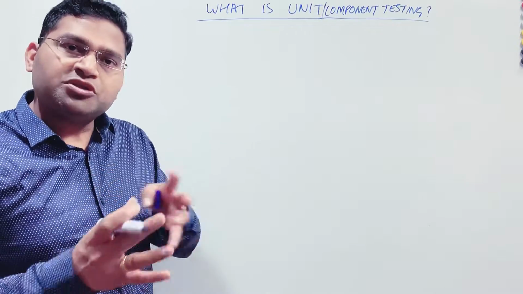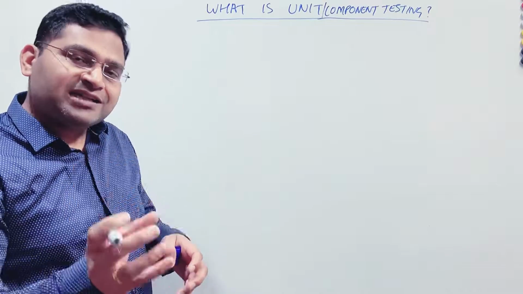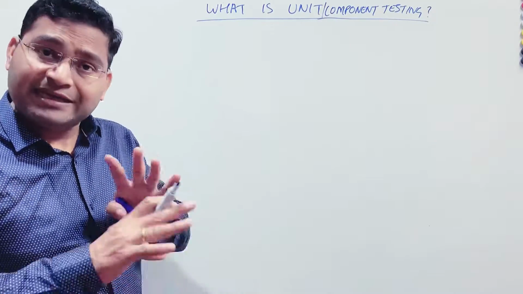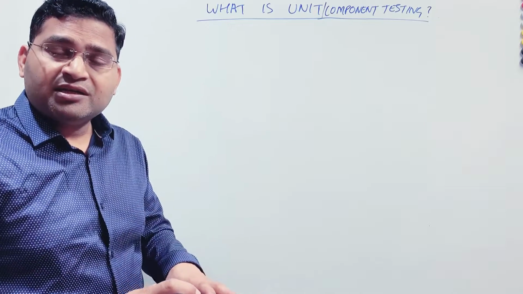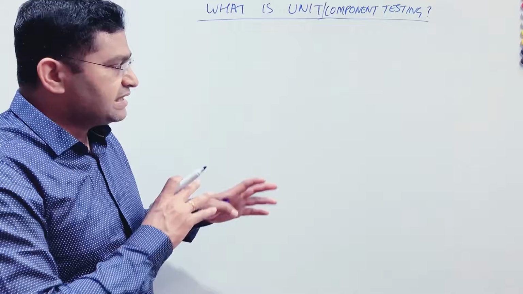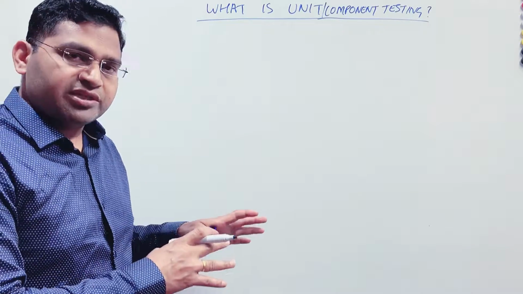That is what a unit, or a component, is: something that can be tested independently. If a component cannot be tested independently, then that is not a unit, right? If there is any sort of integration with another component, then that becomes integration testing.